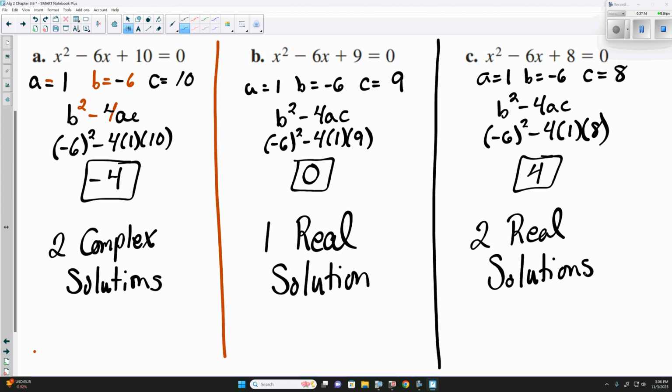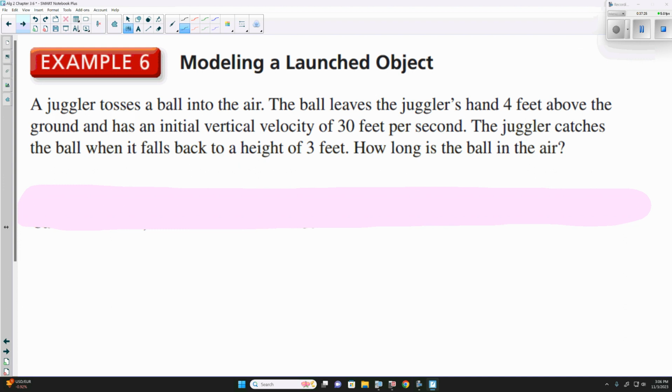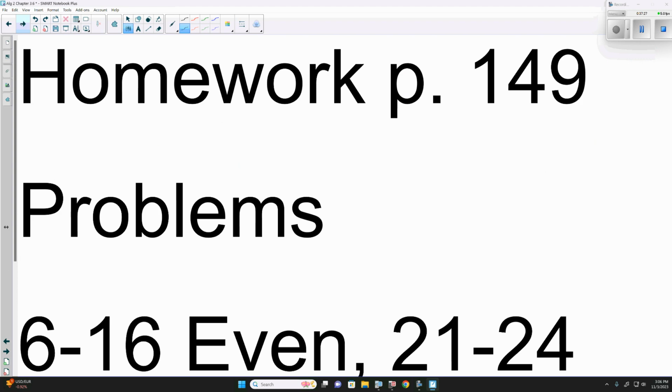Now, on the homework, this is all I'm asking for this part. For 6 through 16 even, you're solving for the value of x, plugging it into the quadratic formula.